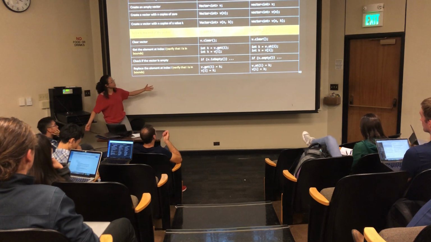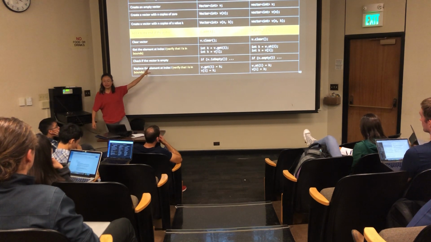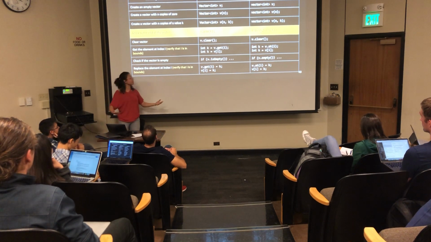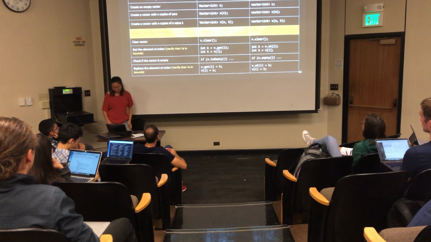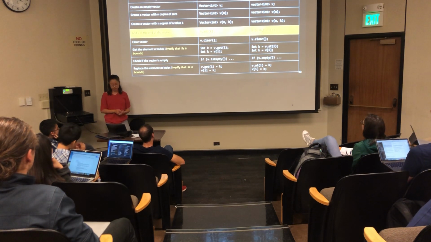Whereas with the Stanford vector, to add an element to the vector, you call v.add. In the standard vector, the similar function is called push_back. And you'll find that push_back, push_front, pop_back is something you'll see with the other standard C++ data structures.